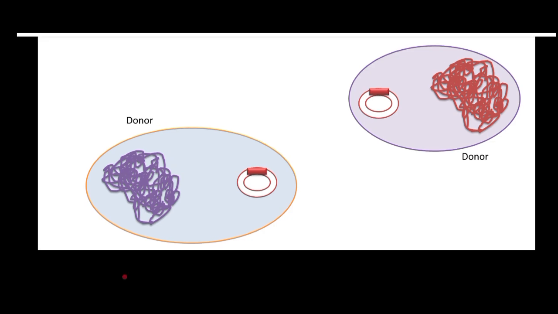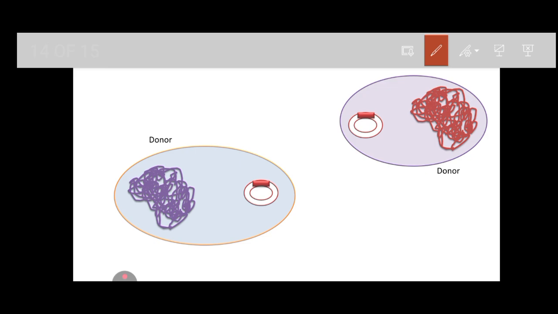Let me explain it in a little different way, right? Imagine this is a linear DNA. As it enters the host, it takes a circularized step. It takes a circular shape. To attain the circular shape, these two ends have to be connected so that the linear form takes a circular structure.